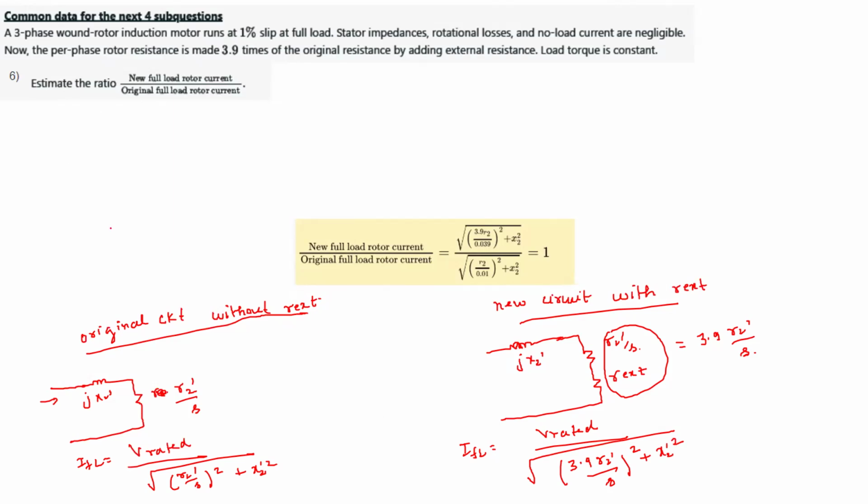Let us take the ratio. This is original, this is new.